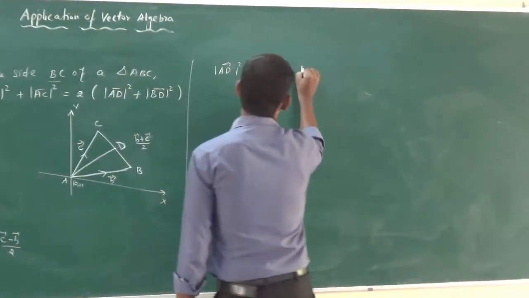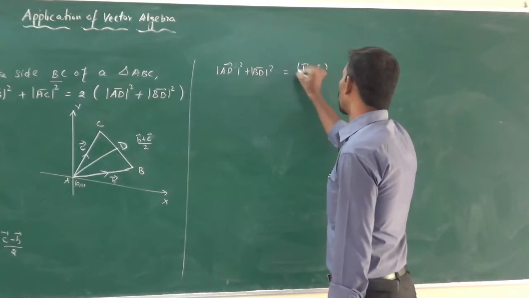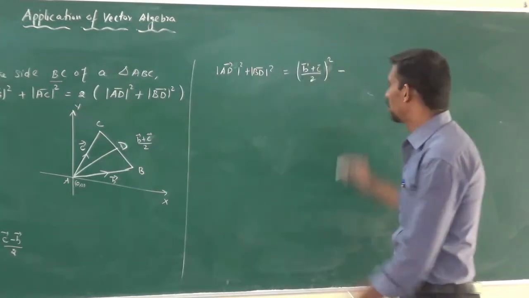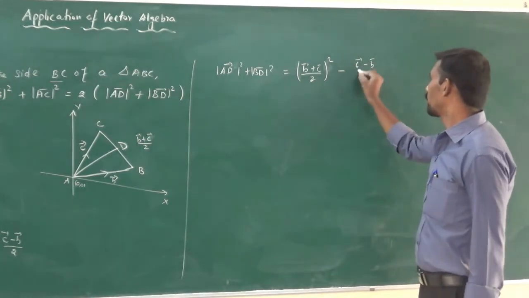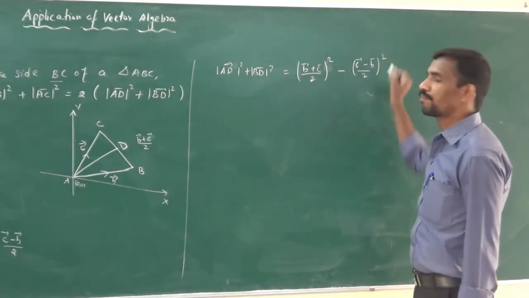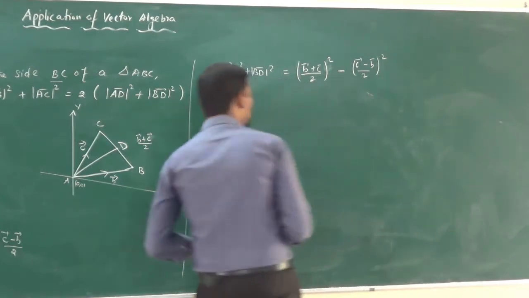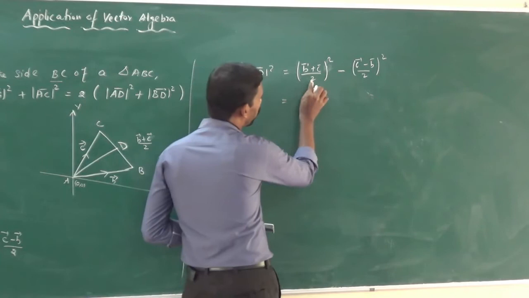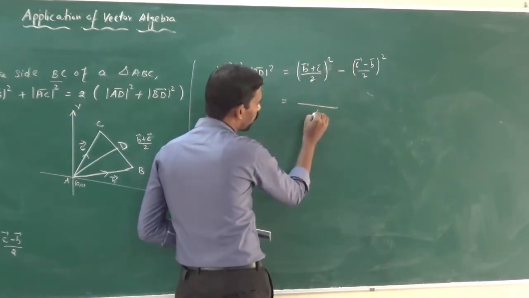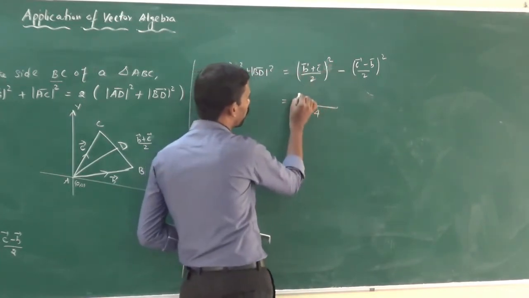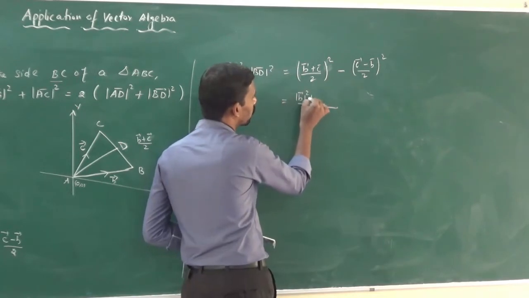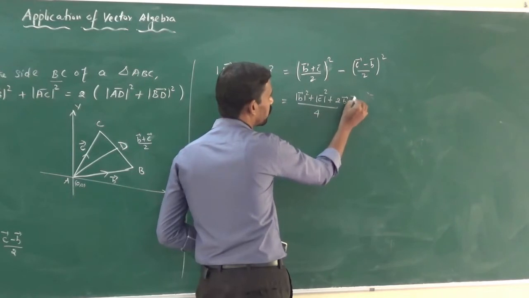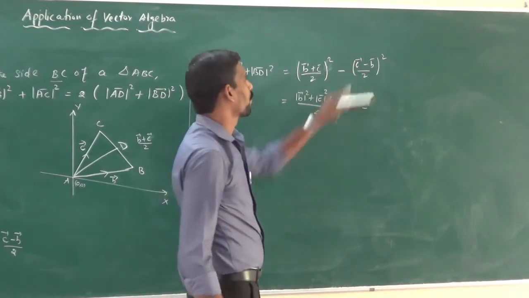So it is B vector plus C vector divided by 2, the whole square, plus C vector minus B vector divided by 2, the whole square. Now this is nothing but the (a plus b) whole square, (a minus b) whole square concept. Divided by 2 square means 4, there is no doubt. Here B vector square plus C vector square plus 2 into B vector dot C vector, minus.